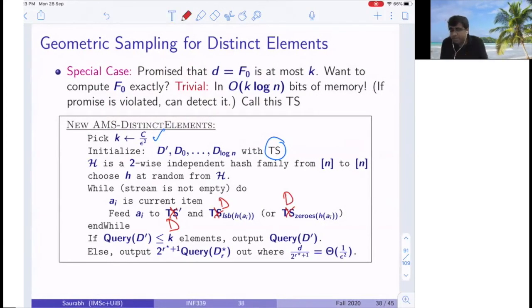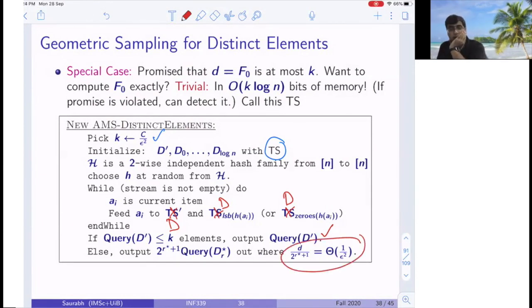So it basically tells us, given a_i, please feed it to D prime and please feed it to this. And if query of D prime is less than K, then output query D prime exactly. So with probability 1, you are succeeding. Else, I'm going to output 2 to the power r star plus 1 times query D_{r star}, where 2 to the power r star plus 1 is of order 1 over epsilon squared.